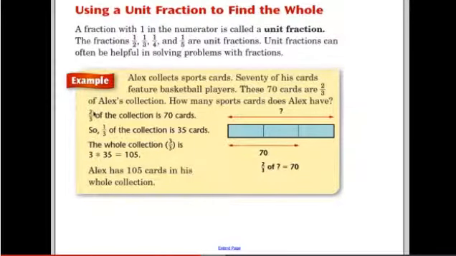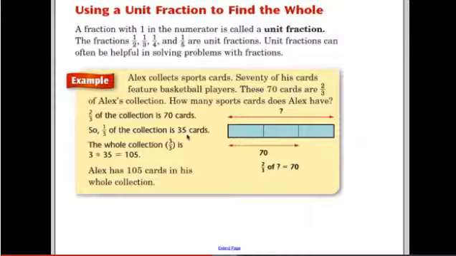If I take a look at my parts and my wholes, 2/3 means 2 parts out of 3 to make the whole thing. 2/3 is 70, so 70 is making up 2 of the parts. If I divide 70 by 2, I can know how much 1/3 of the collection is. So 1/3 of the collection is 35 cards.